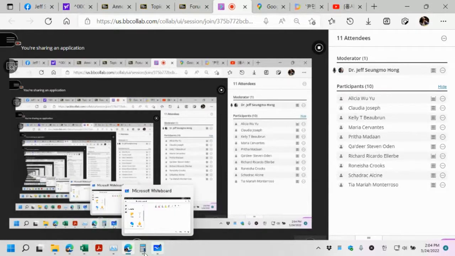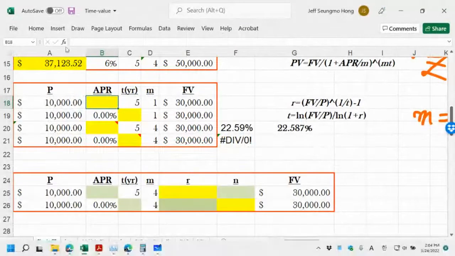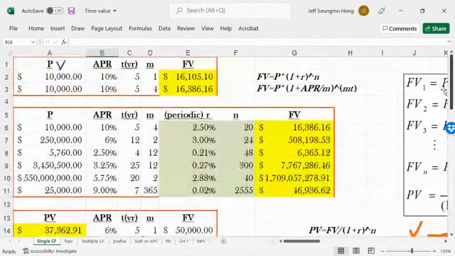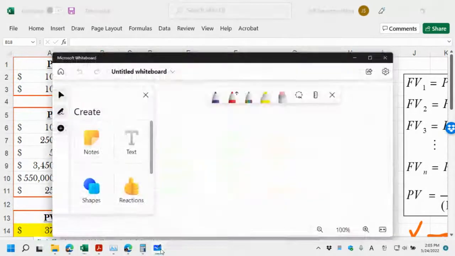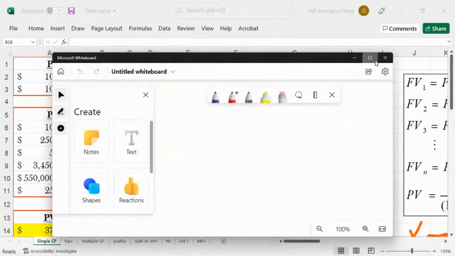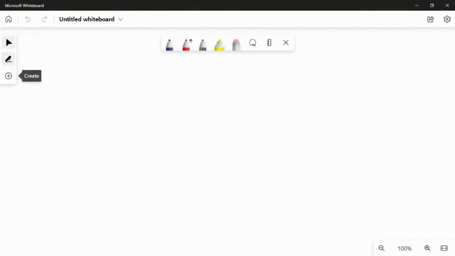So in our last class, we did present compounding and discounting. In other words, future value and present value. I also told you last time that there are four unknowns that can be derived or asked from this question.